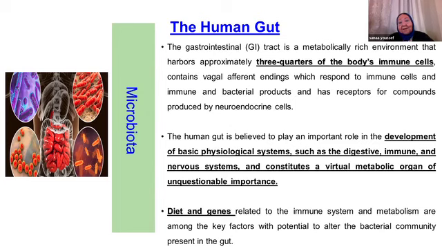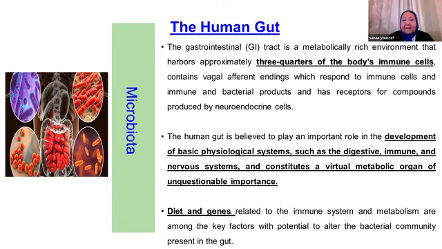Maybe one day we will say that the GIT is the only organ, and all the other organs are parasites living on it. So you have to treat it gently and carefully, and you should not cause any disturbance in it.